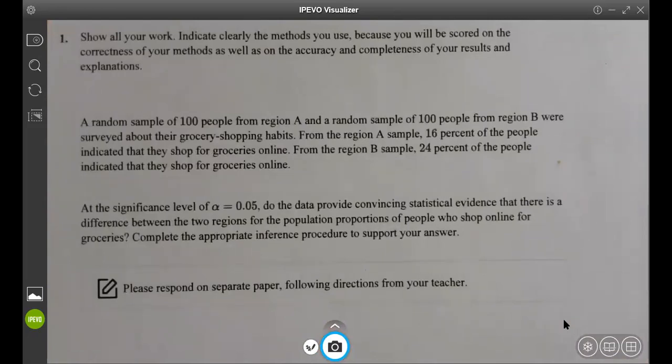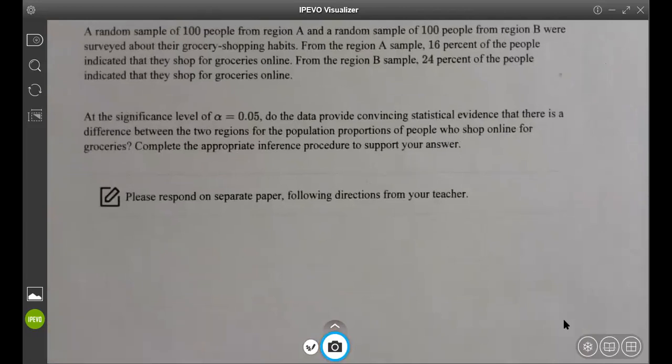At the significance level alpha equals 0.05, do the data provide convincing statistical evidence that there is a difference between the two regions for the population proportions of people who will shop online for groceries? Complete the appropriate inference procedure to support your answer. So this is graded in a lot of parts based on your state, plan, do, conclude. So lots of different parts are graded here.